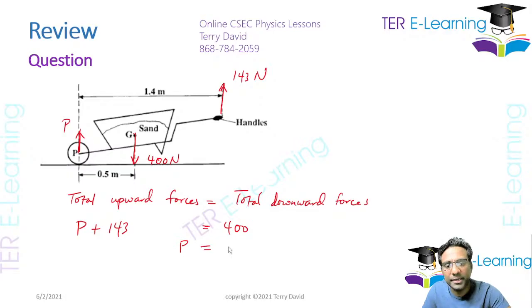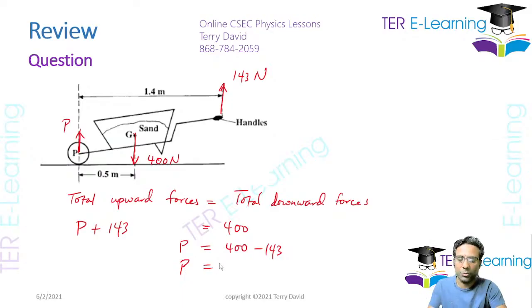So P is simply equal to 400 minus 143. Therefore P is equal to 257 newtons. All right, so that's my answer for that question there.